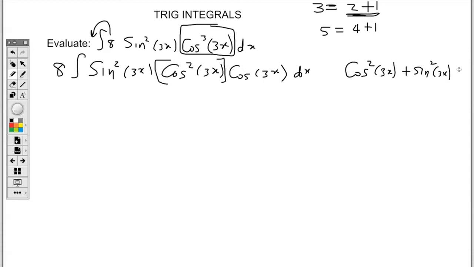So even if I have 3x, it's the same concept. So making cos square 3x the subject, I carry this over. So what I'm left with is cos square 3x is equal to 1 minus sine square 3x.